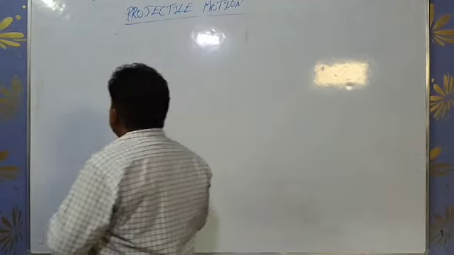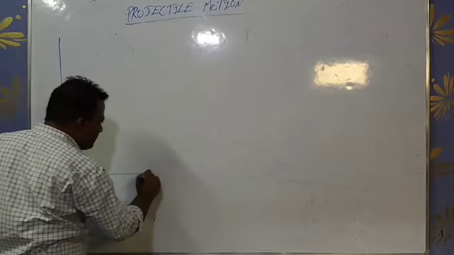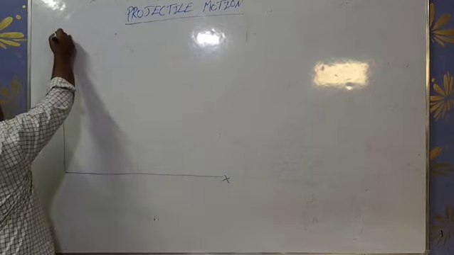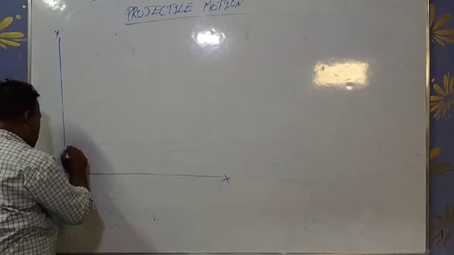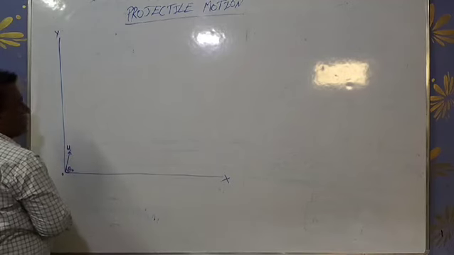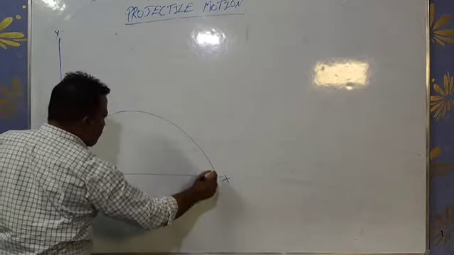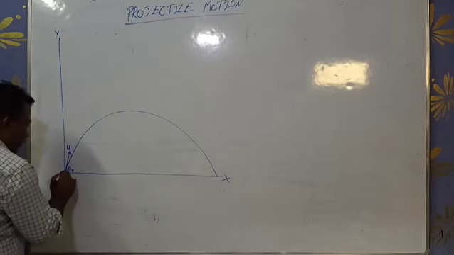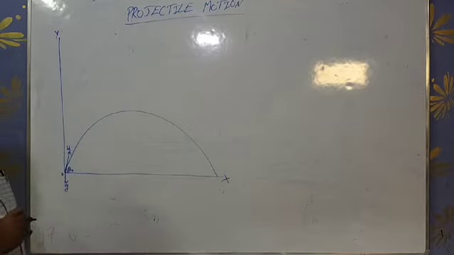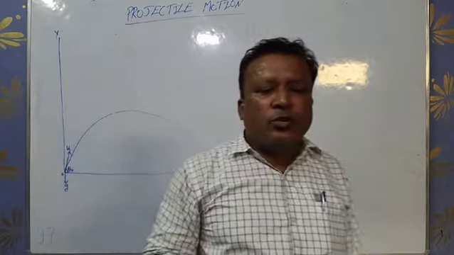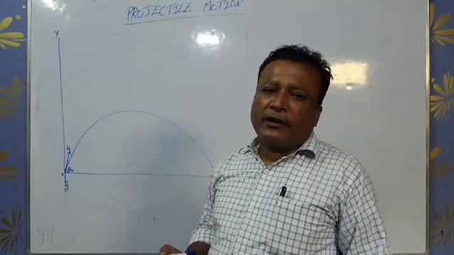Now suppose this is a coordinate system, x and y. We throw an object with a speed u at an angle theta naught with the horizontal, and the object will go along this curved path. g is the vertically downward acceleration due to gravity, and we have assumed there is no frictional resistance, no resistance of atmospheric air.